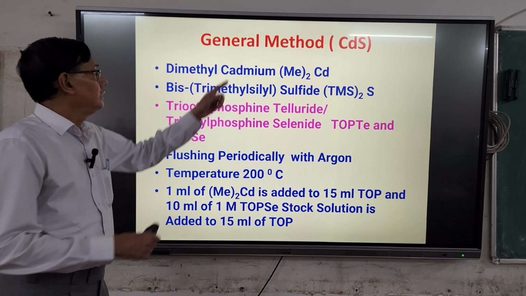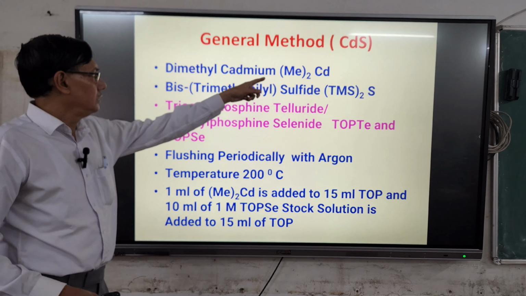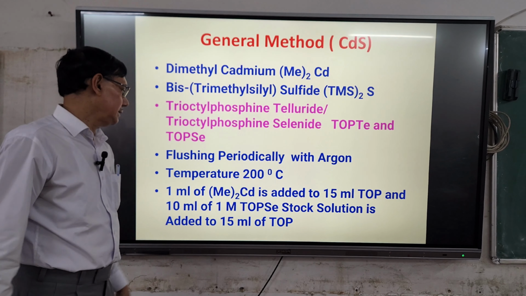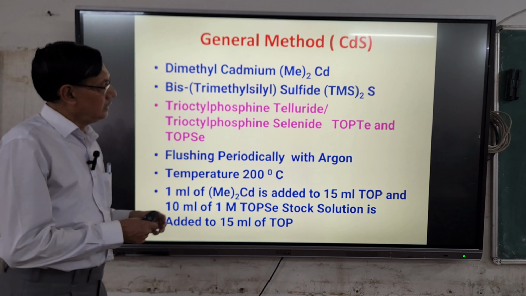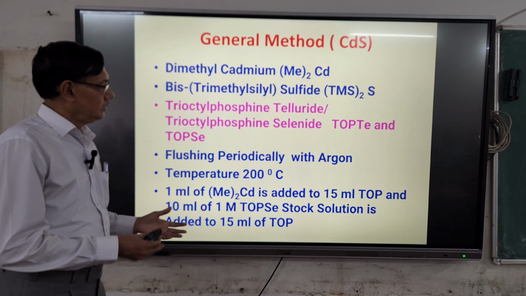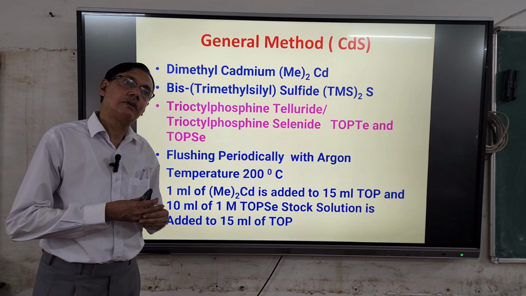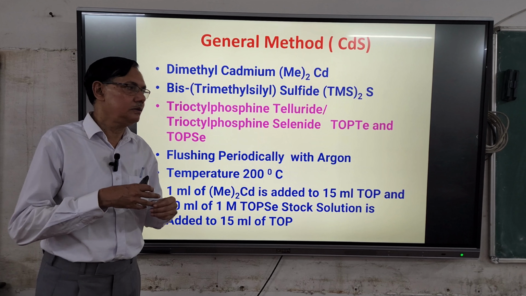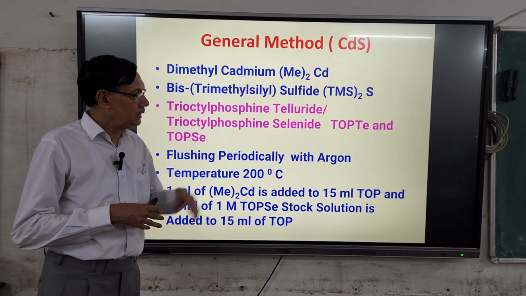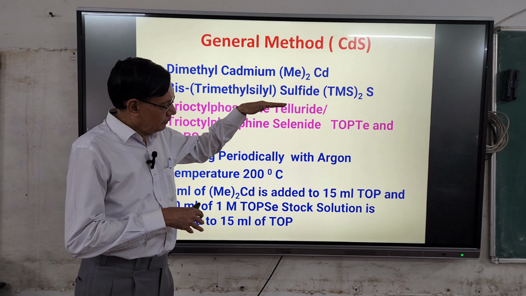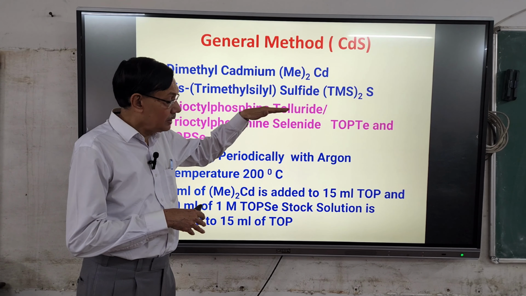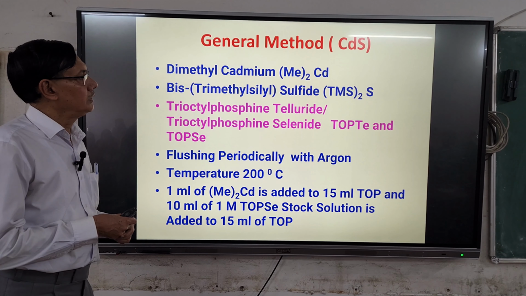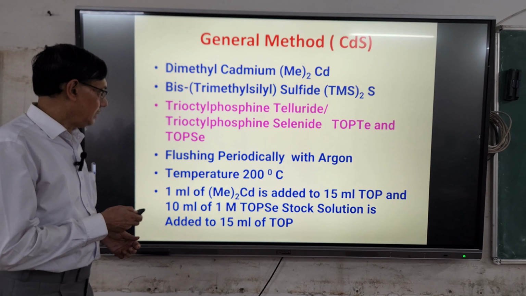You can change all these quantities, and ultimately we increase the temperature with constant stirring for 5 to 6 hours. Then after mixing, we decrease the temperature and wash with distilled water and other things, so we can prepare the cadmium sulfide.